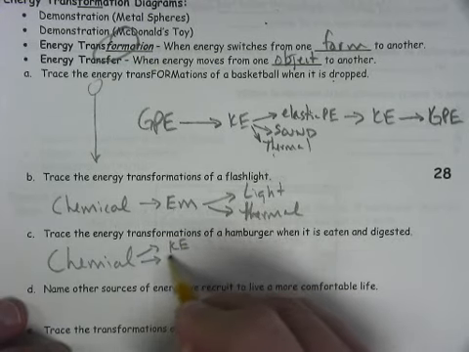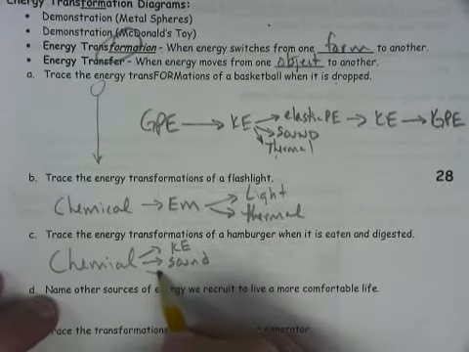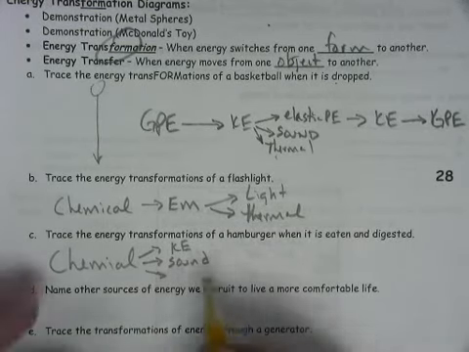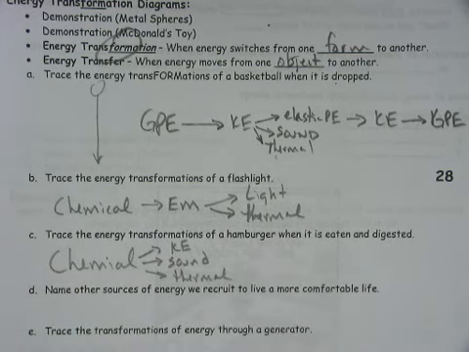The fact that I can speak is sound energy. The fact that my body is warm is thermal energy. Like when you hear someone dies, they've assumed room temperature. Well, their body's not producing any more energy because they're not eating anymore after they die, and so they can't maintain their body heat, and their body cools off to room temperature.